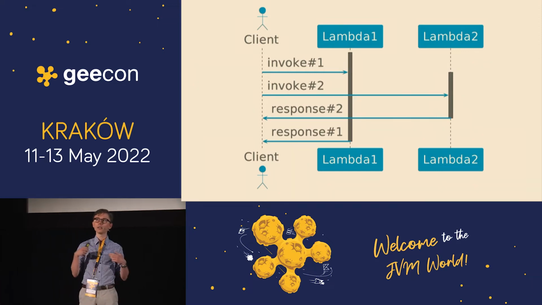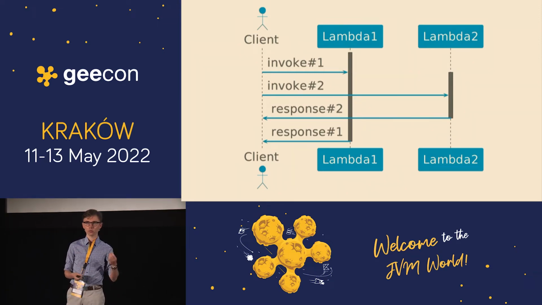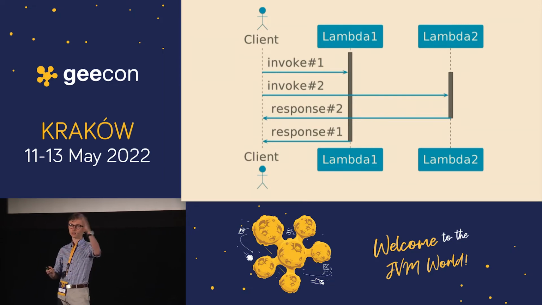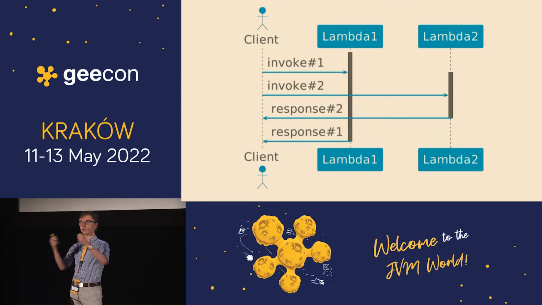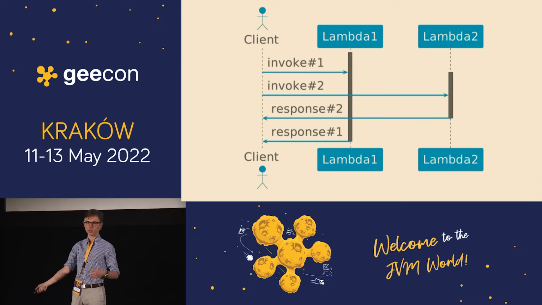So the effect of cold starts on the clients of your service depends, among other things, on how many concurrent requests your Lambda function will need to handle. Because if you are receiving a steady stream of requests, one request at a time, and the client is so nice to only call it when the previous request has ended, Lambda will reuse the container.